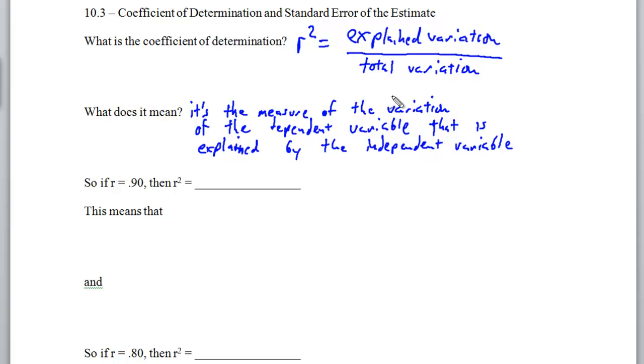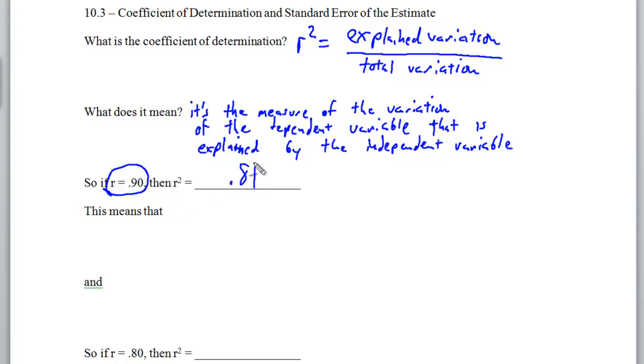That right there may not actually sink in too well, because what I'm telling you is that we can kind of account for some of the error based on the independent variable, but sometimes the rest of it is by chance. So if you have a strong correlation of 90%, think back to the first page of our worksheet here, then our R squared is 81. Now what does that mean? Well, according to the definition, let me plug it in and show you why it's a little murky here.